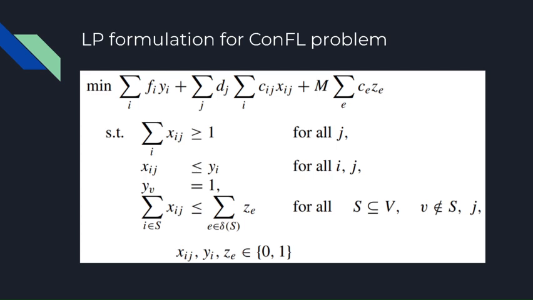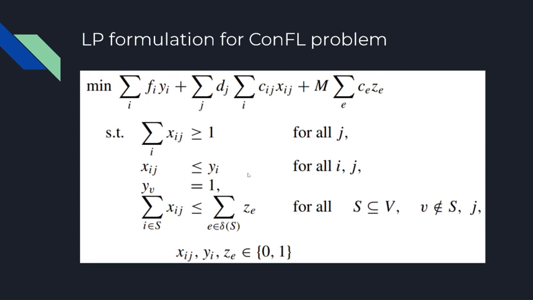Then we multiply each of them by dj, and sum over all the possible clients to get this second cost, that is the demand cost. And finally this is the cost of the tree. So for every edge in the tree we multiply by CE, so automatically those edges in the tree will come over here and sum up, and then multiplied by the constant m.